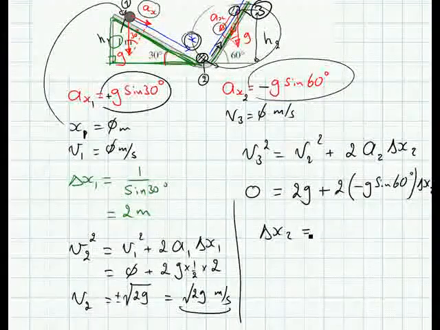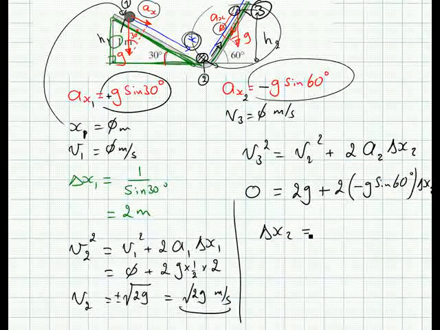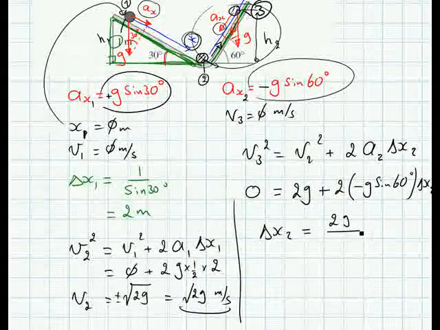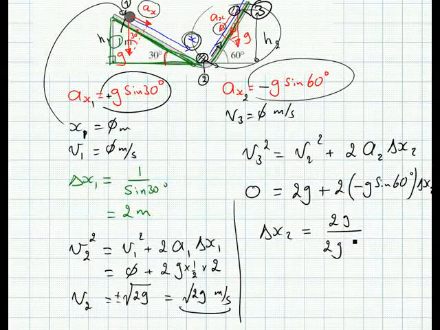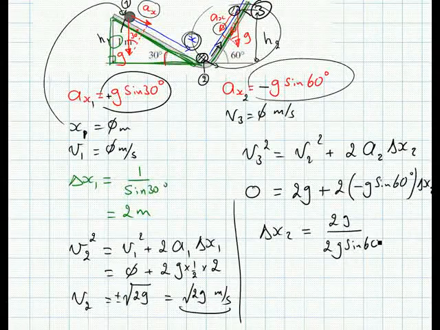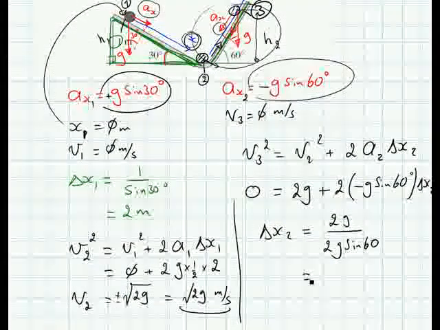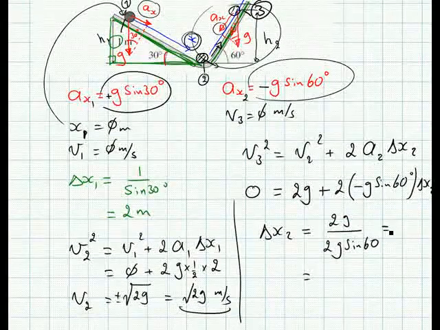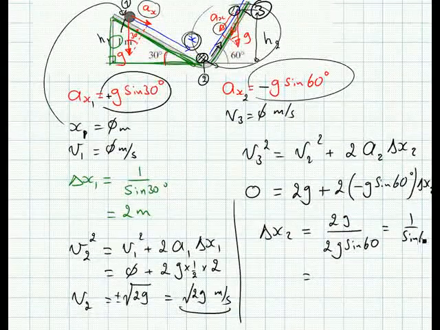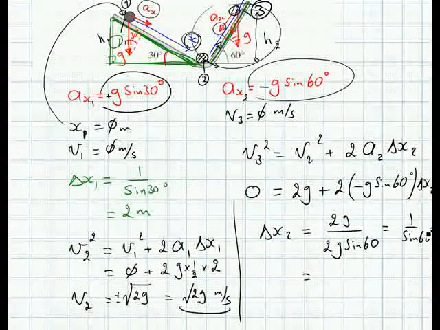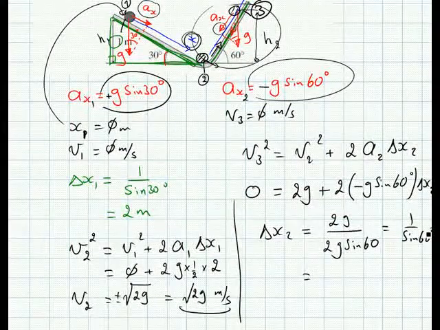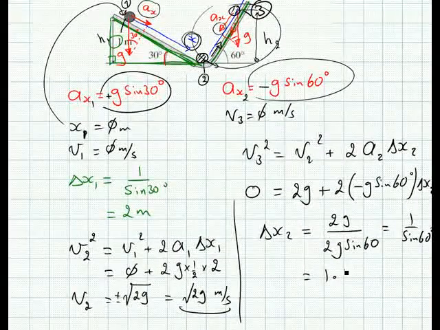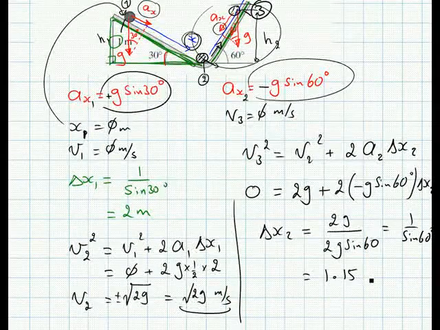Which means that our delta x2 is equal to, what is it equal to? That's negative, sine becomes 2g divided by 2g sine of 60 degrees, I believe, if I didn't make any silly mistakes, which is equal to 1 over sine of 60. And the inverse of sine of 60 is equal to 1.15 meters.